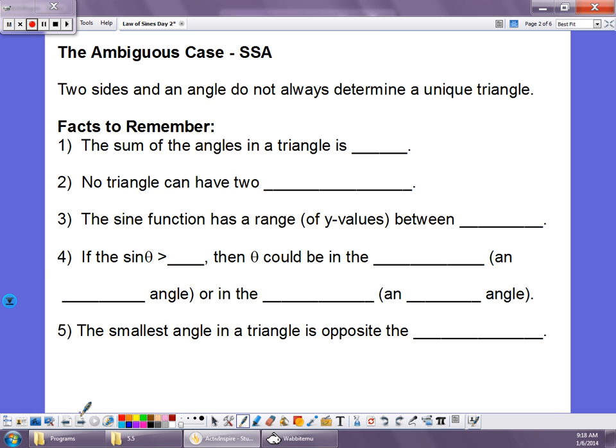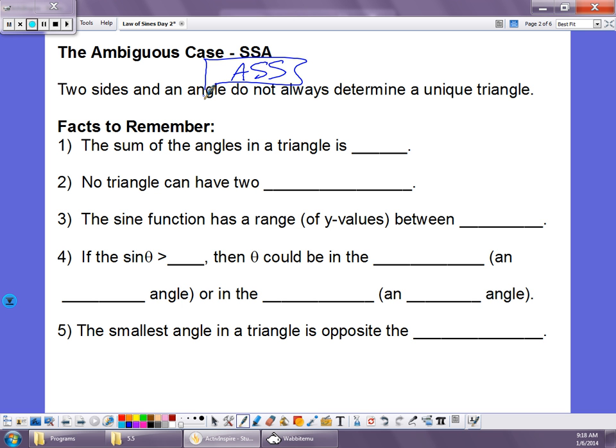All right, so today we're going to go over some notes. All right, and it's about that ambiguous case, which is S at side angle, or really angle side, because that's what it is. I tell you that because that's an easy way to remember it. If you have angle side, there could be a potential for two possible triangles.